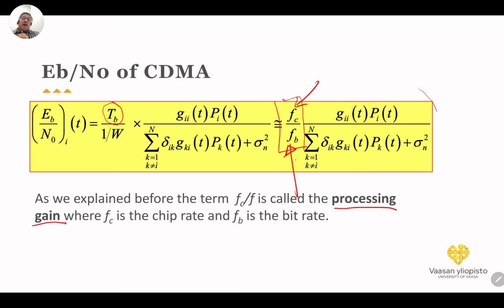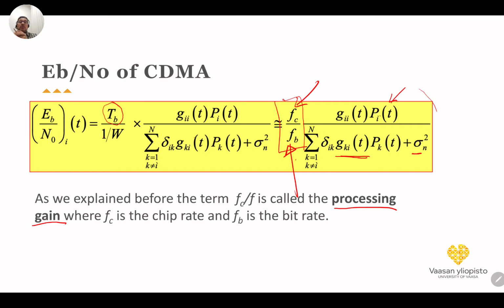Now, if the bit error rate is high and I want to reduce it, and it was because of interference and noise that the errors in bits were very high, I want to reduce them without increasing, for example, the power of the transmitter.